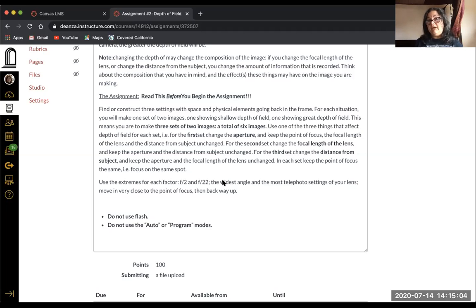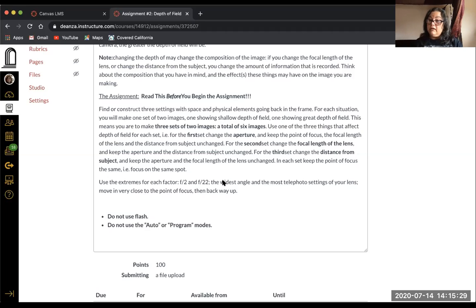So you might want to be maybe 5-8 feet away from your subject. And to show shallow depth of field, you'll extend the lens out to telephoto, the longest portion of your lens, and make that image showing the subject and some of the background so that we can see that there's a change in depth of field.